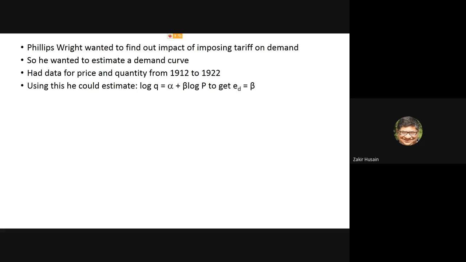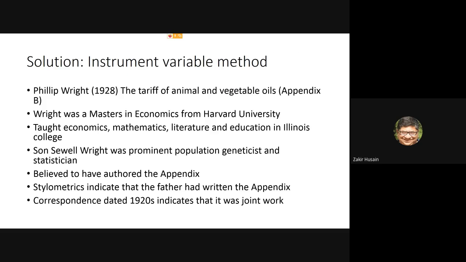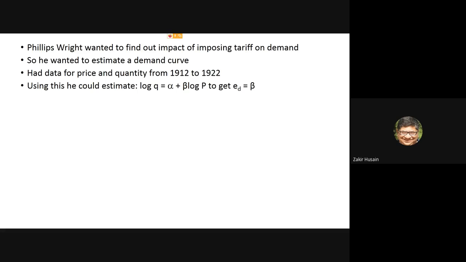Okay, so Philip Wright wanted to find out, as you can see from the book, it's on tariff taxes. So he wanted to find out that if the US had imposed a tariff, which they had actually done, what was the impact of the tariff on demand? So the problem was he had to estimate a demand curve. He had data for price and quantity from 1912 to 1922.